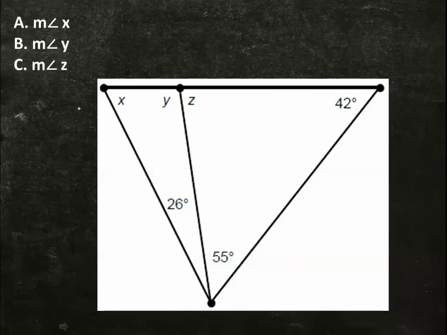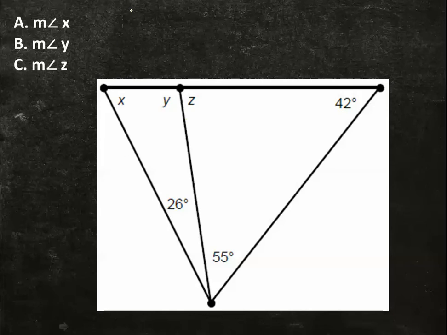Okay, this one says find the measure of angle X, angle Y, and angle Z. And they gave us these two measures down here at the bottom. And you're going, okay, what are we going to do with this? Well, since we're working with the exterior angle theorem, we're going to look for Y first. Let me write that up here.